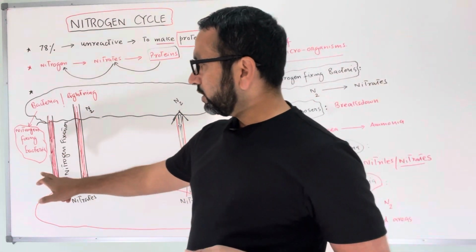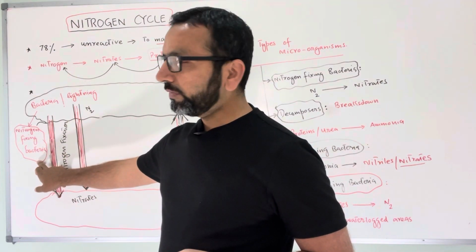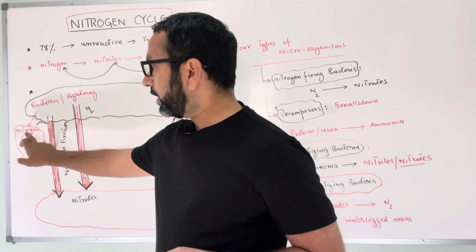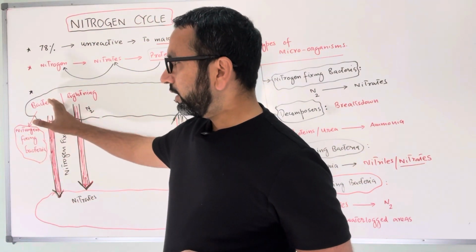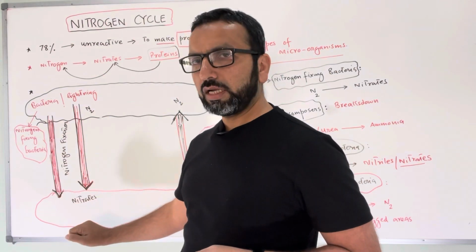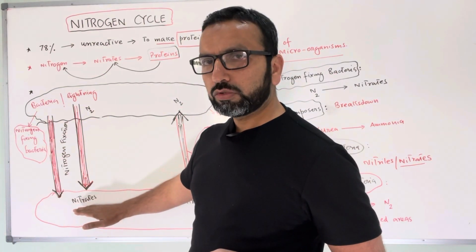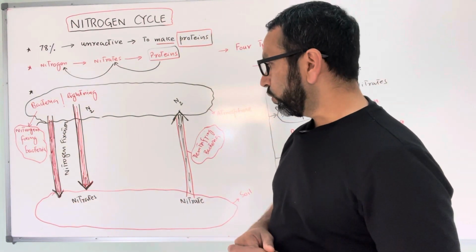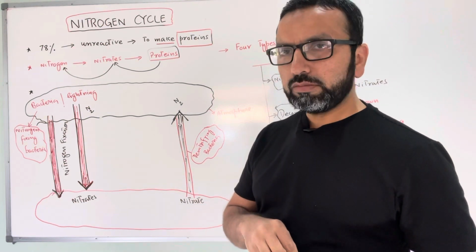The second process is because of a group of bacteria, and this group of bacteria is called nitrogen fixing bacteria. So nitrogen fixing bacteria convert the atmospheric nitrogen into nitrates, and then these nitrates are absorbed from soil by plants for their better growth, and then plants are eaten by animals.